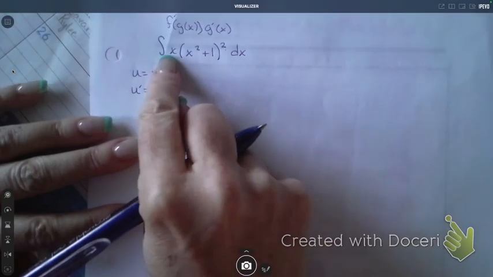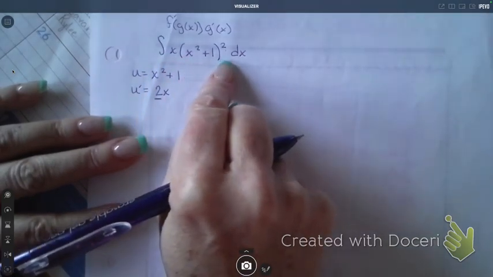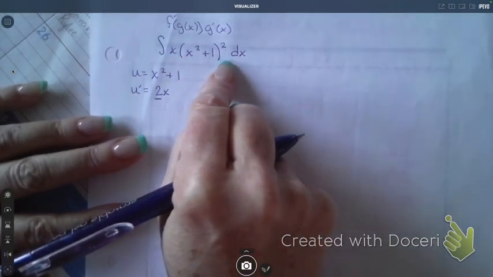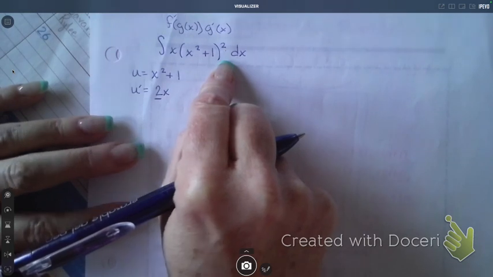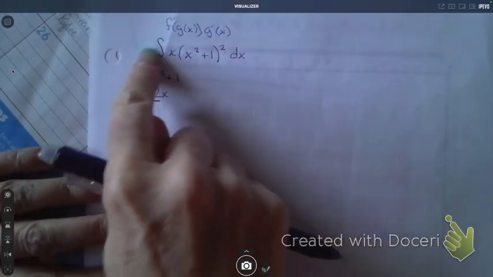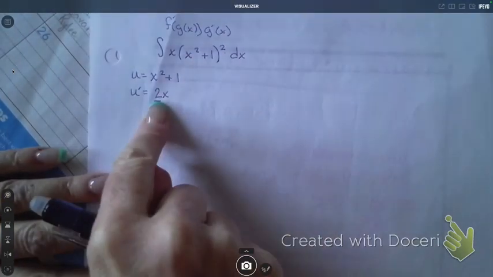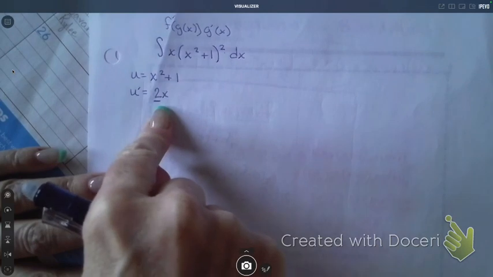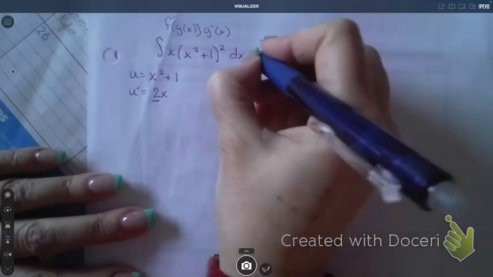Is there a 2 anywhere here? No. So where did the 2 go? How do I make any number 1? Divide by itself, yes? So if there was a 1/2 out in here, would this end up to be 1? So we've got to put a 1/2 in front of here.